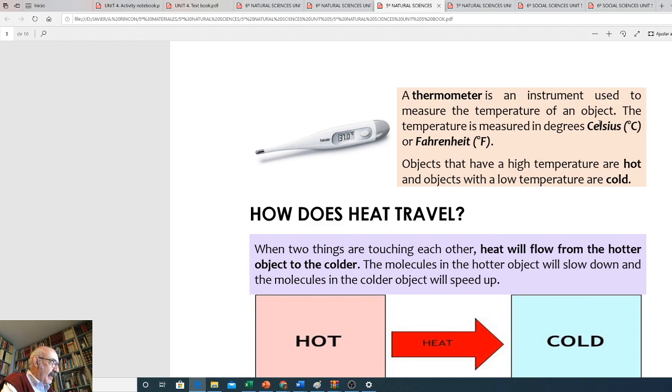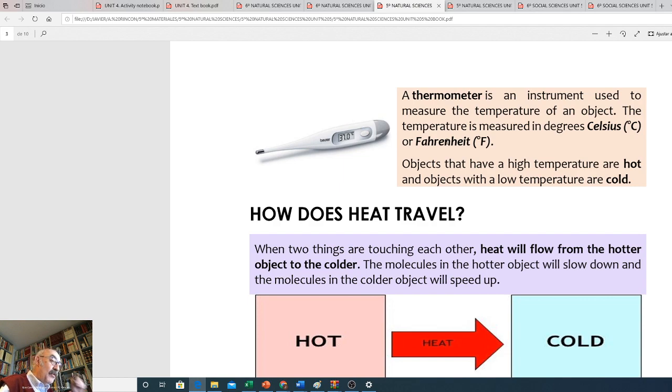One of them is called Celsius. This is ours, in the sense that this is the kind of scale we normally use. And Fahrenheit, this is the scale that people in the States or people in Britain normally use. So Celsius and Fahrenheit are the names for two different scales.